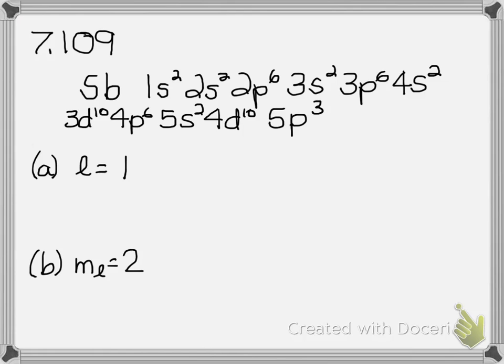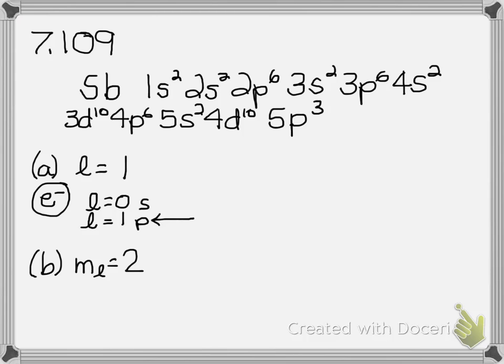Okay. So it asks for L equals 1. How many electrons? Okay, so we know that each orbital has 2 electrons. For L equals 1, remember L equals 0 is S. L equals 1 is P. So any electrons in a P orbital would have L equals 1.